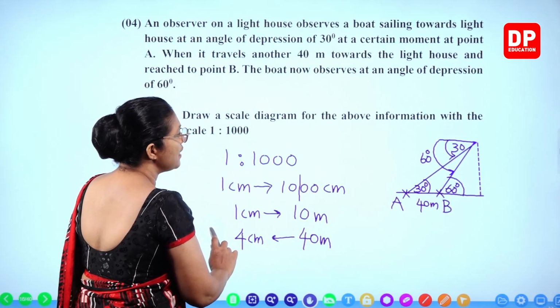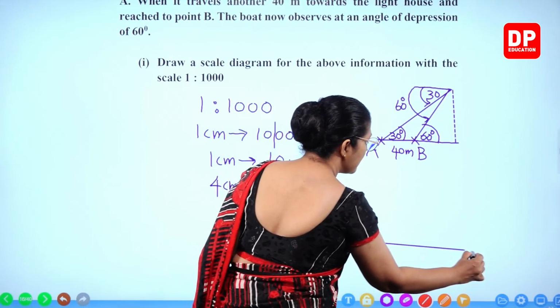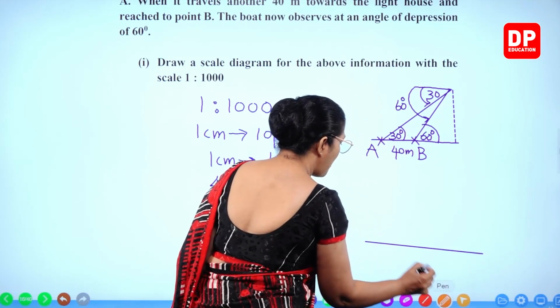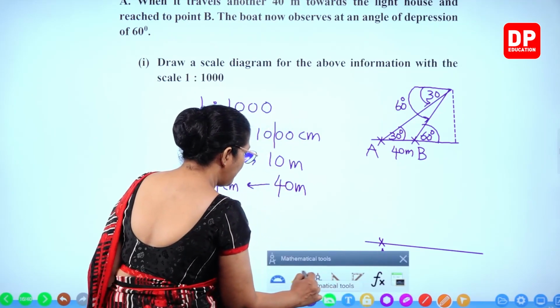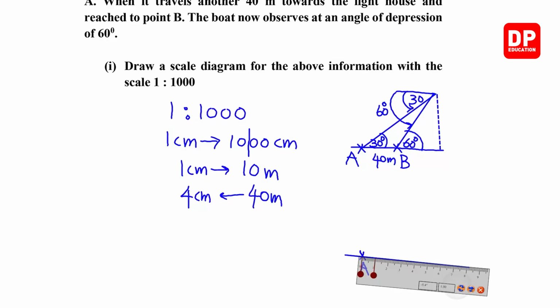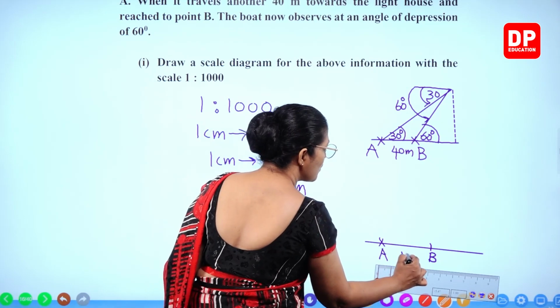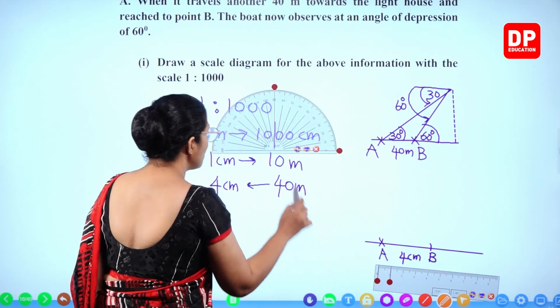Now let's draw the diagram. We can first draw a line and mark a point A. Then use the ruler. You can measure four centimeters from A, that's here. That's point B. This is 4 centimeters. Then you can use the protractor to measure angles.